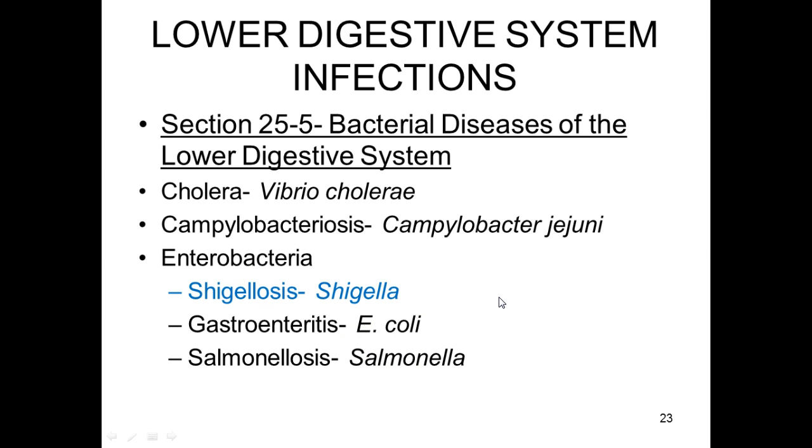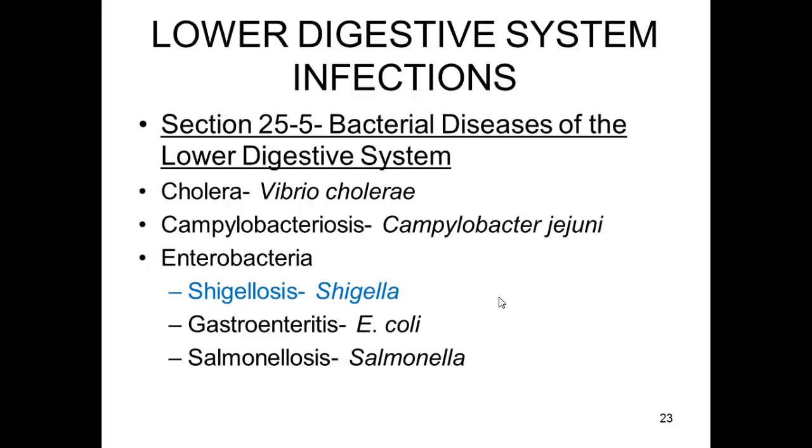So, lower digestive tract. These tend to be the more serious infections, a lot of them contributing to quite an upset to the digestive system. Cholera is caused by Vibrio cholerae, Campylobacteriosis is caused by Campylobacter jejuni, and there are several enterobacteria.